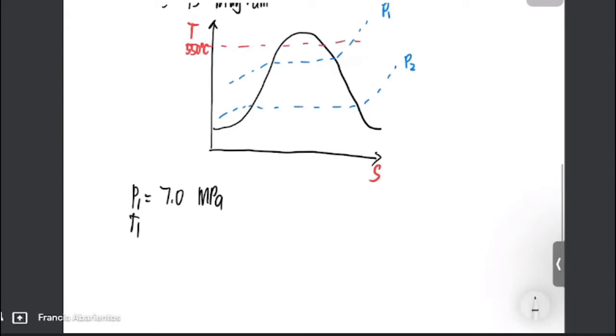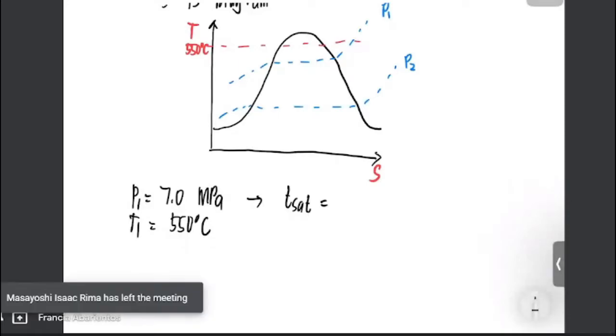Okay, what is the T saturated of 7 MPa? Page 12.